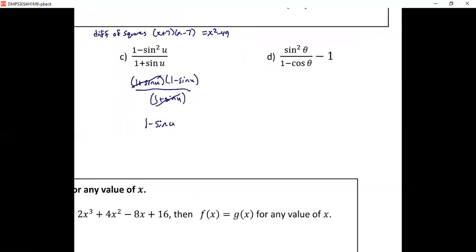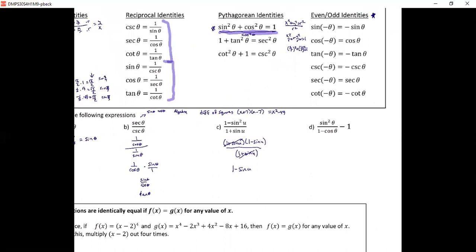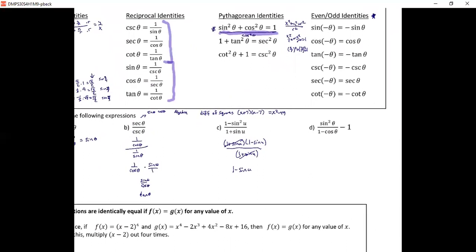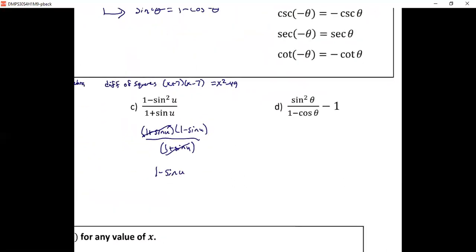And then if I have an expression like this, it doesn't seem like there's a whole lot that we could do unless we go down to our Pythagorean identities and say, all right, what is sine squared equivalent to? Well, sine squared of theta is equivalent to 1 minus cosine squared of theta if we take that first Pythagorean identity and just subtract cosine squared from both sides. So let's do that. 1 minus cosine squared theta over 1 minus cosine theta.